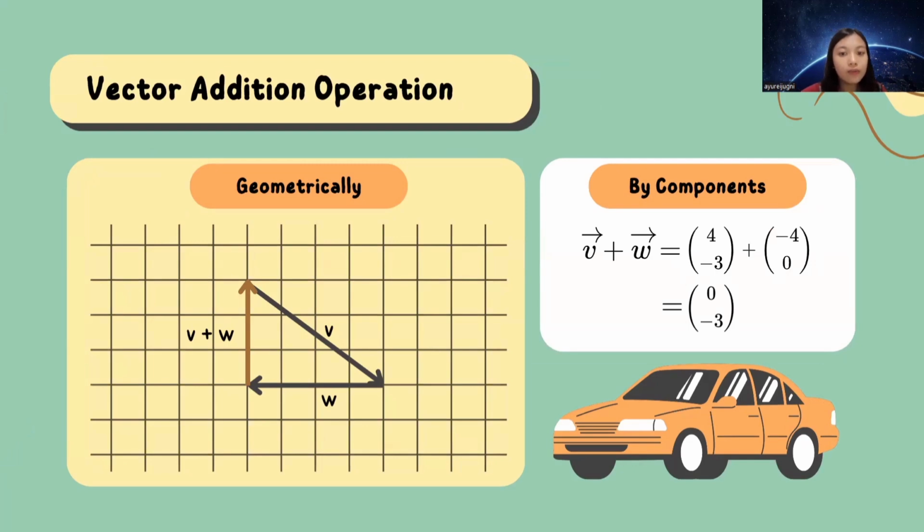In component form, we simply add the x components and y components. This operation is very useful in physics and engineering. Can anyone try to add two simple vectors?